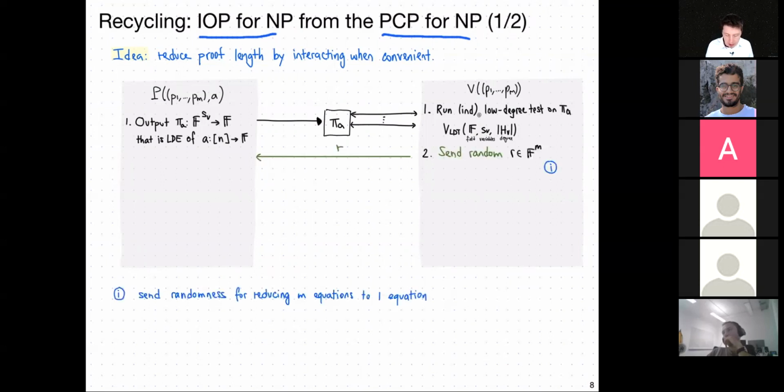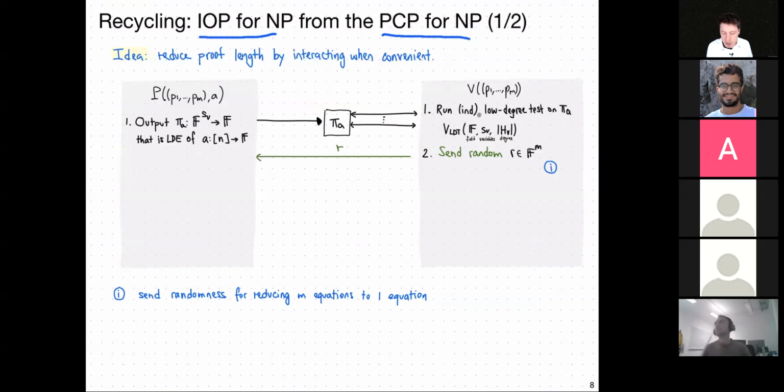Secondly, the verifier was interested in bundling the M equations into one equation, and before, the prover was prepared for any choice of randomness. Now the verifier is just going to tell the prover, look, I've sampled random R, please bundle them according to R. That's safe because we proved that with high probability over the choice of R, if the whole system is not satisfiable, then what we get is an unsatisfiable quadratic equation.